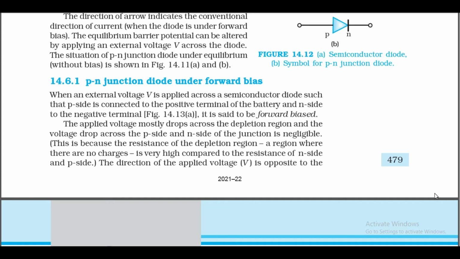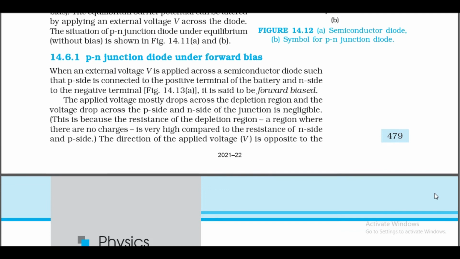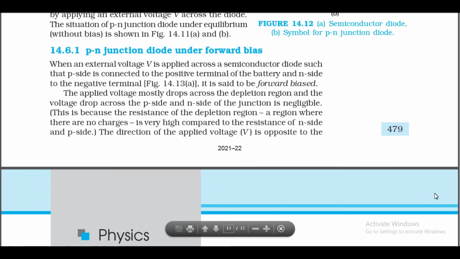The applied voltage mostly drops across the depletion region and the voltage drop across the P side and N side of the junction is negligible. This is because the resistance of the depletion region, a region where there are no charges, is very high compared to the resistance of the N side and P side.